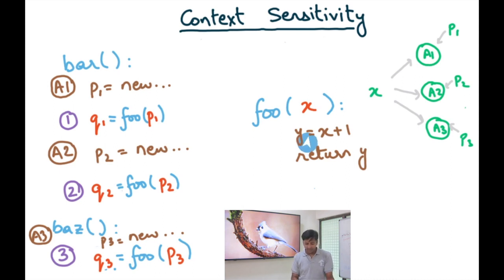And now when I execute the points-to analysis on the body of foo, I say y equals x plus 1. This again looks like a copy, and then I return y. So this gives me this points-to graph for the body of foo, which says x and y could point to either A1 or A2 or A3.